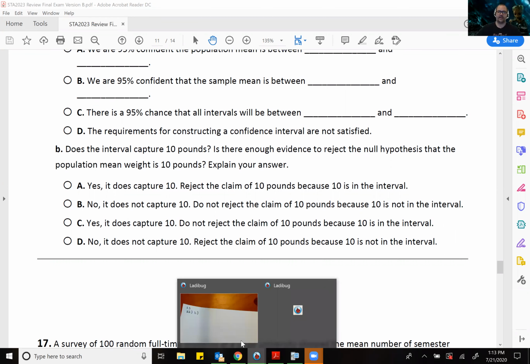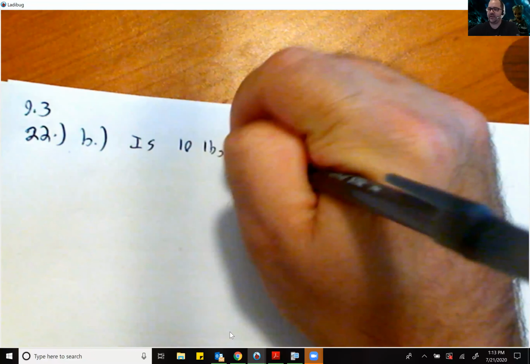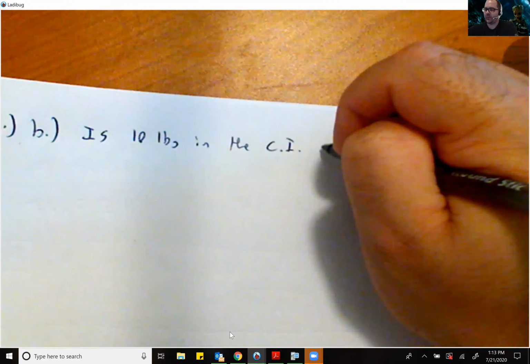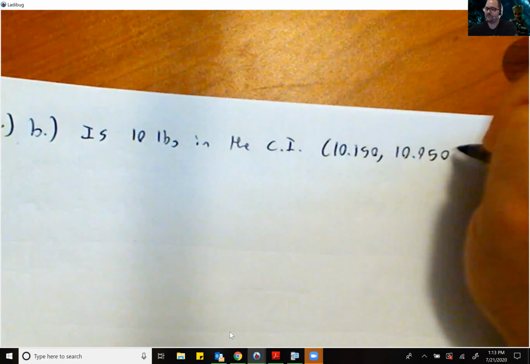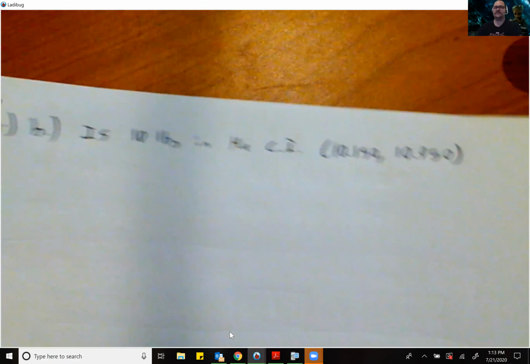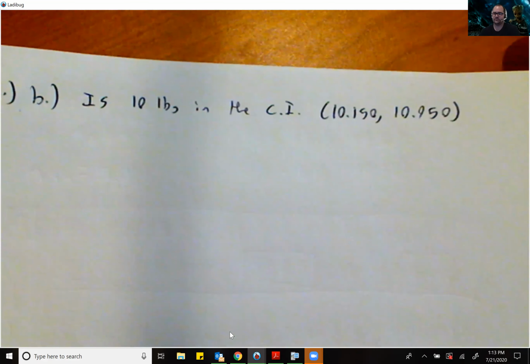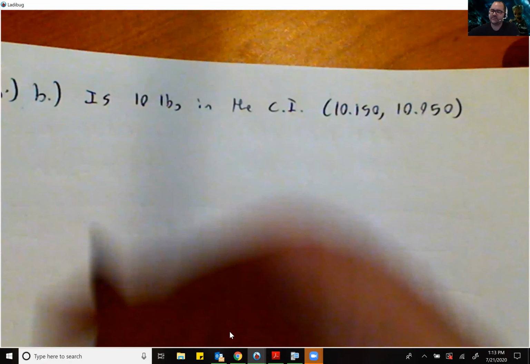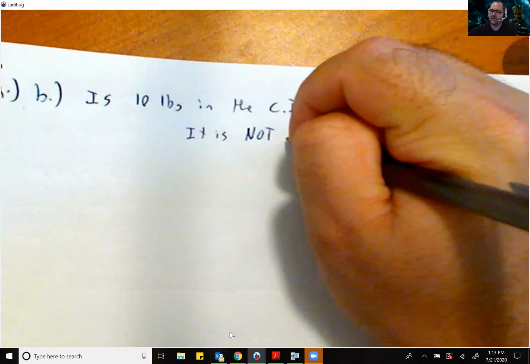In other words, what it's asking is, is 10 pounds in the confidence interval of 10.150, comma 10.950? And the answer to that is no. It is not. Okay? So it is not in the interval.